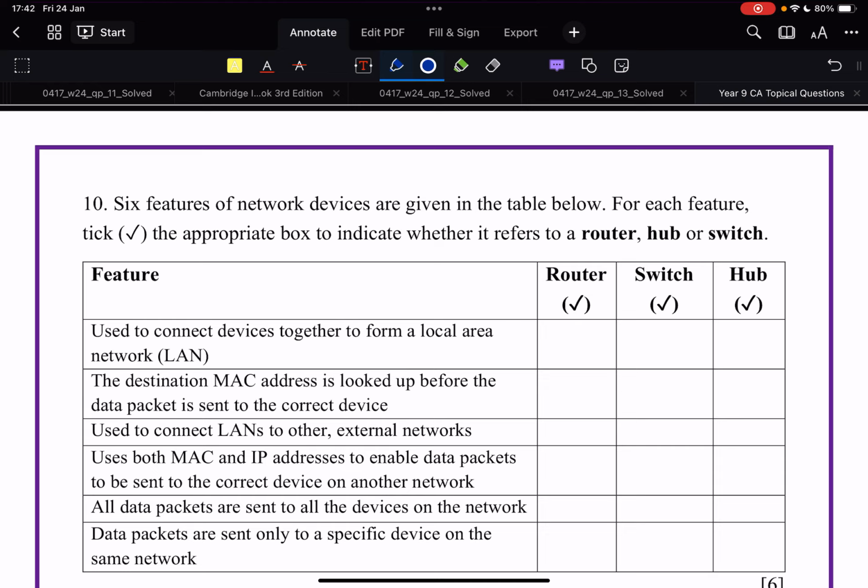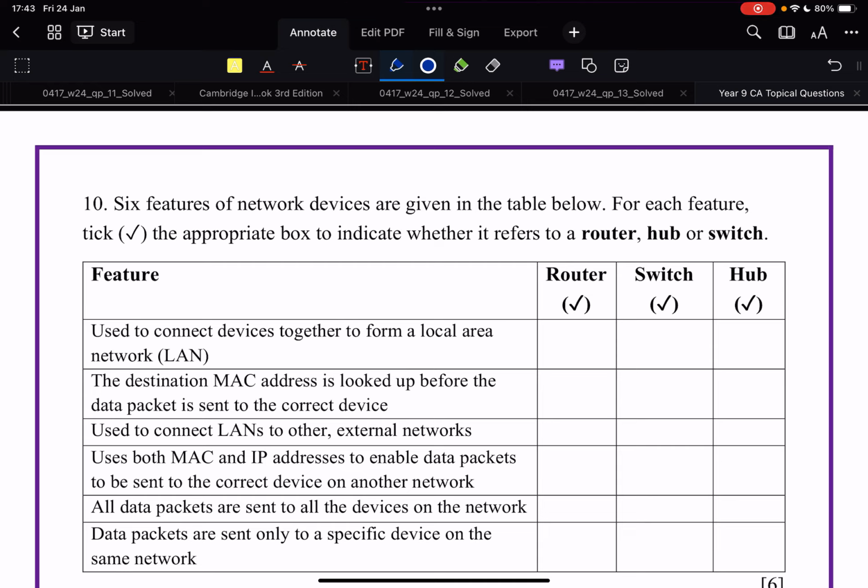Once a data packet is sent to one of the hub ports, it will broadcast it to every device connected to it. This is why hubs are not very secure, because everybody can receive every data packet that should be sent to only one destination. This results in unnecessary traffic on the network, which results in reduced bandwidth.